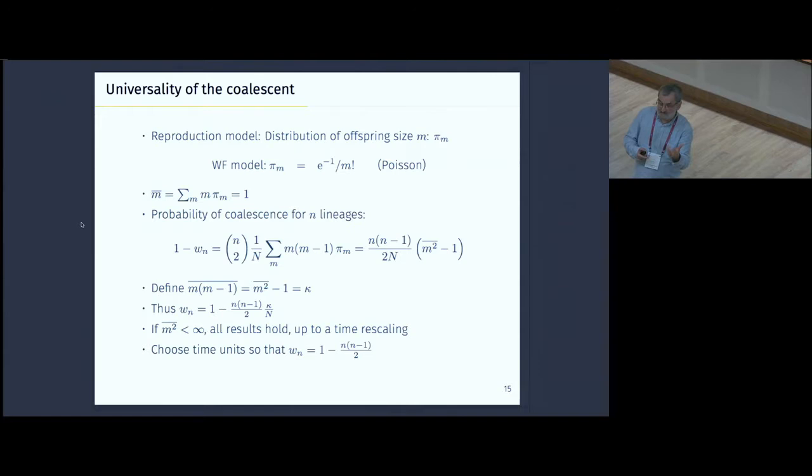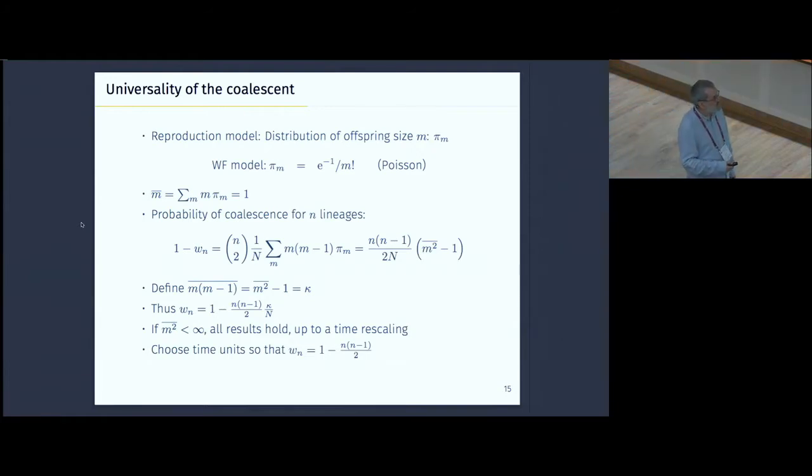Looking backwards means that we have m ancestors that suddenly coalesce into 1. And so you can evaluate this. This is given by this n minus 1 divided by n, which is what we got before, times what? Times the average value of m squared minus 1, which is the average value of m. All right? So the probability of coalescence for n lineages depends on this average value of m squared.